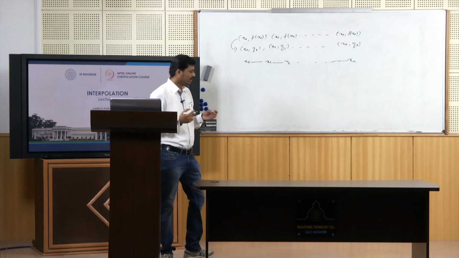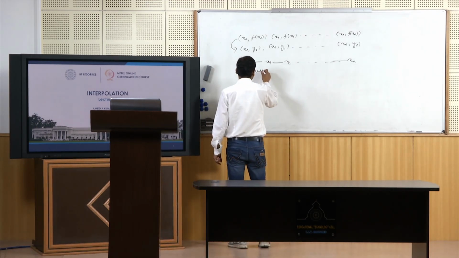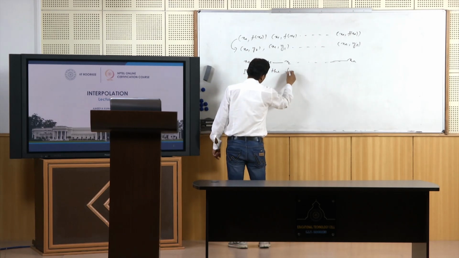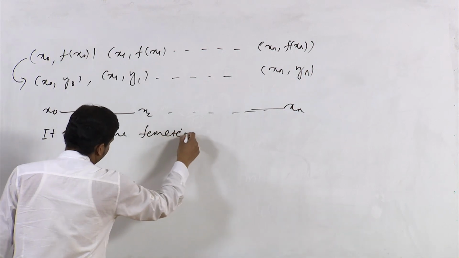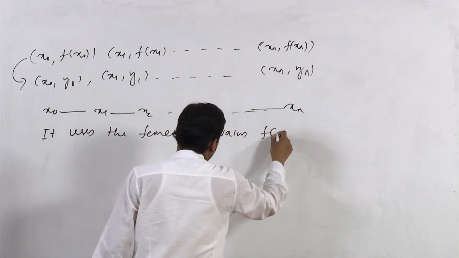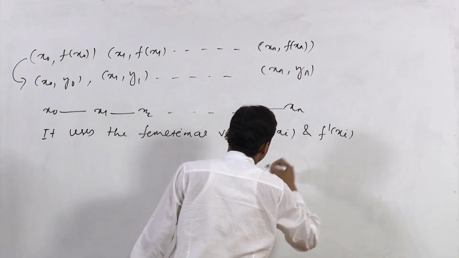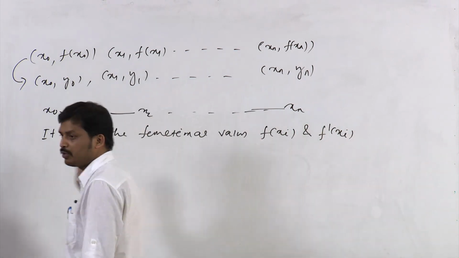This means that it uses the functional values f of xi and f dash xi, where i varies from 0 to n here.